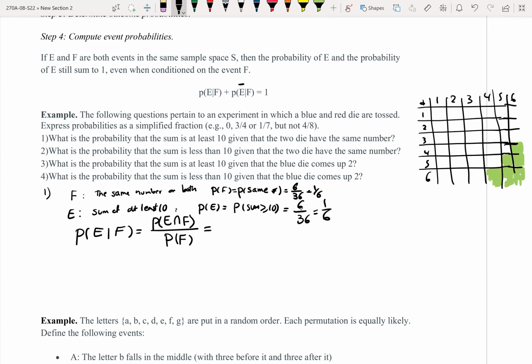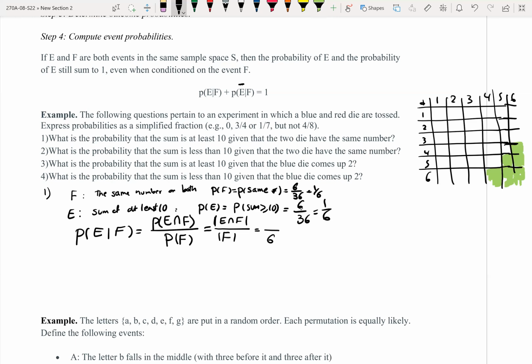So that's the formula. Out of these cases, the sample space is the same, so it's really the size of the intersection of these two divided by the size of F. F was 6 cases.